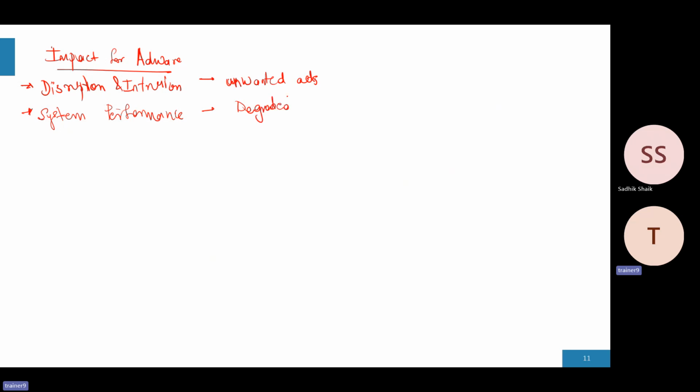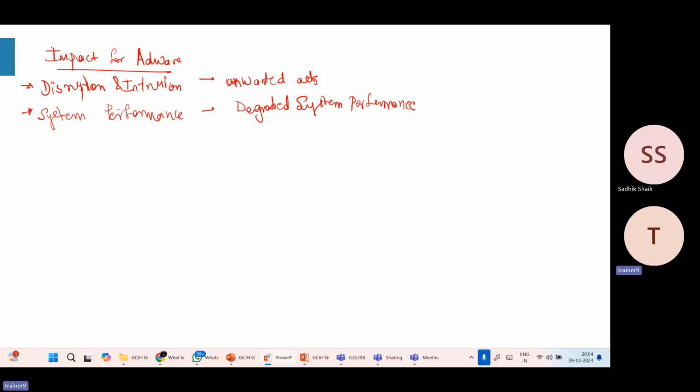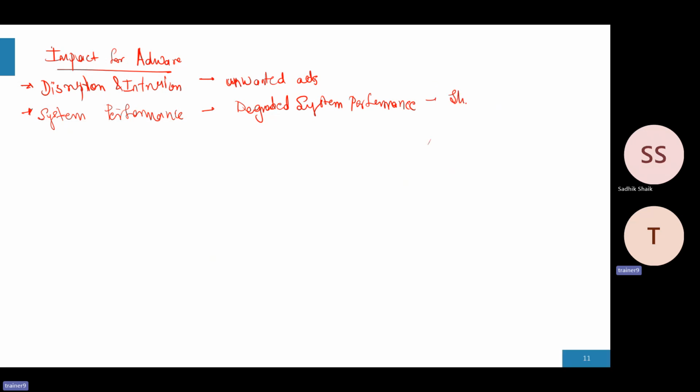This is where it might be causing more of an actual harm, where system resources are being utilized for some of these objectives as compared to your actual purpose for which you are using the machine. So a lot of times you'll see sluggishness, you'll see slowness in your machine.